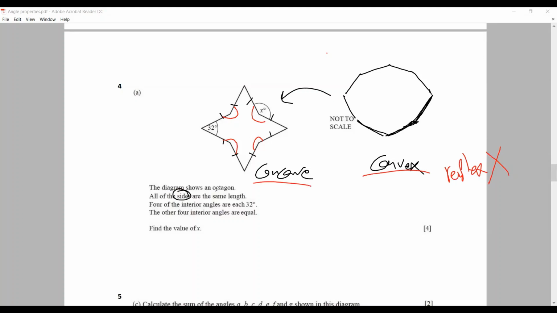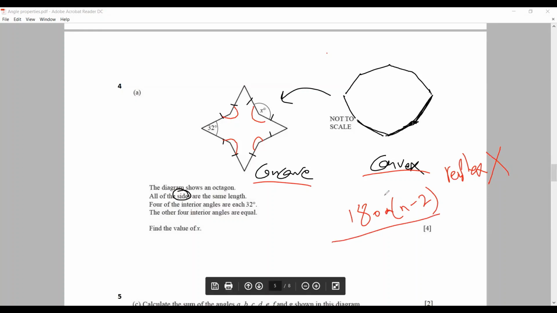However, the formula that says the sum of the interior angles is 180 times n minus 2, where n is the number of sides, works for both of them, regardless of whether they're convex or concave. Now, having said that, we need to find x.